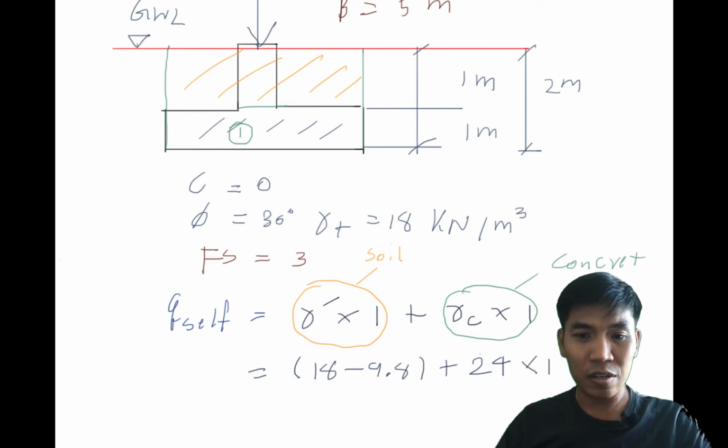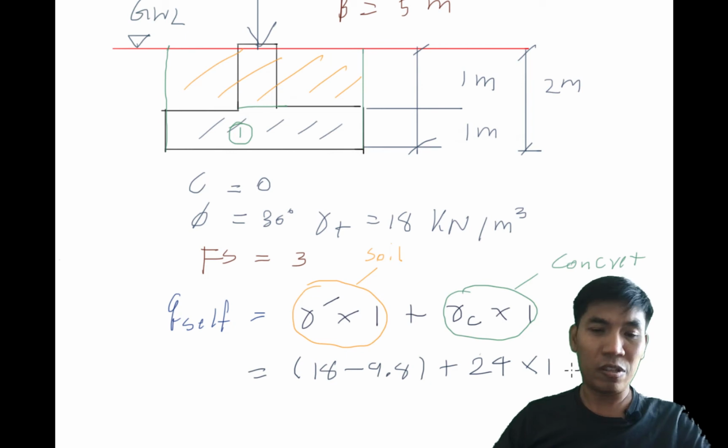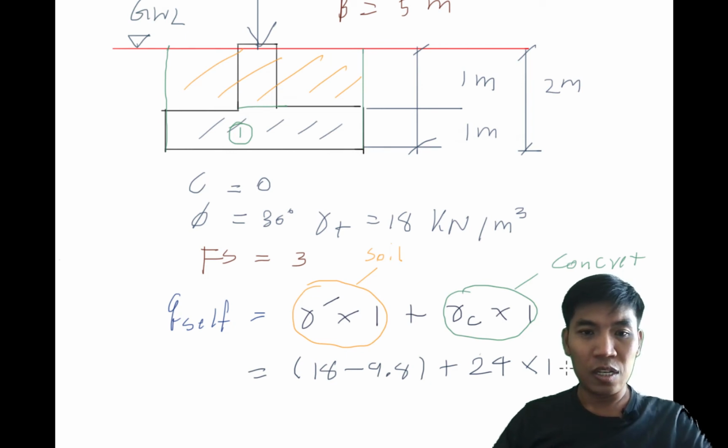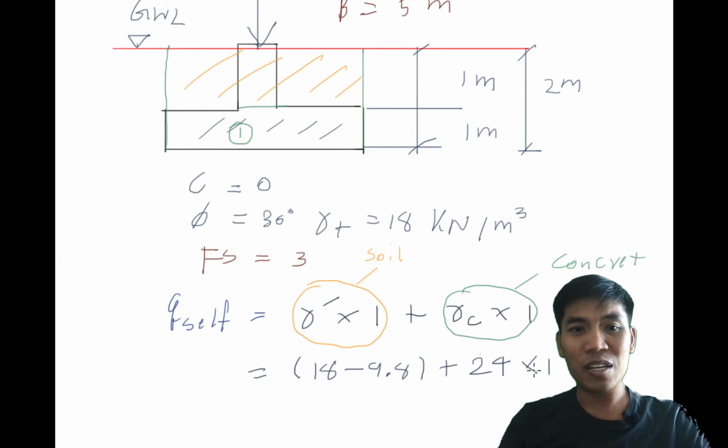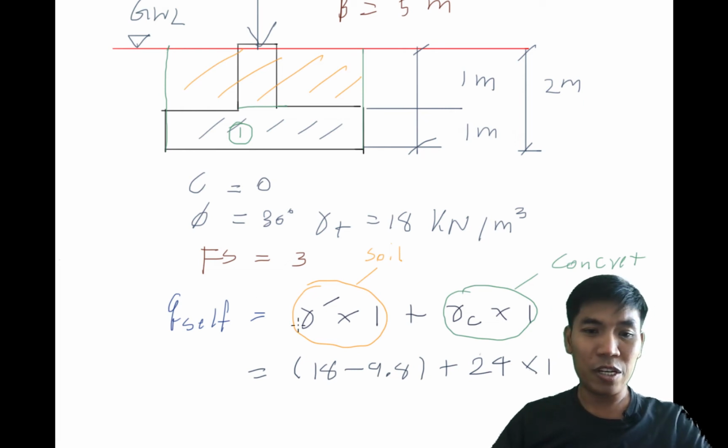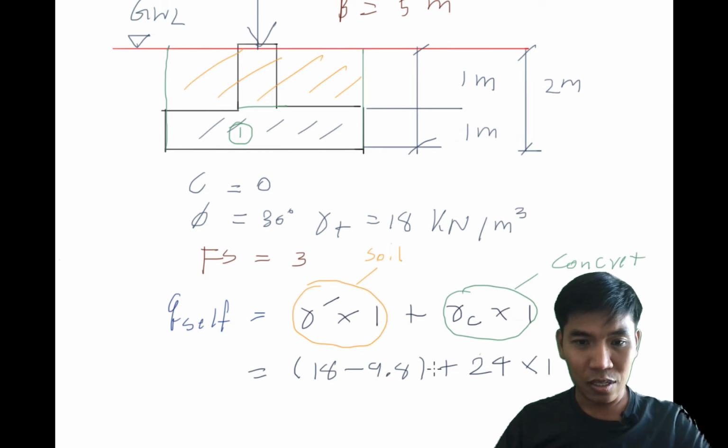This one is the concept of the Q self. And maybe you might have some question about the weight of the column, because the weight of the column compared to the weight of the soil is quite small, so you can neglect the weight of the column of this footing. So this is the equation to calculate this one.